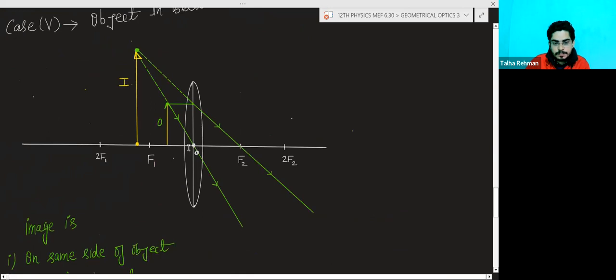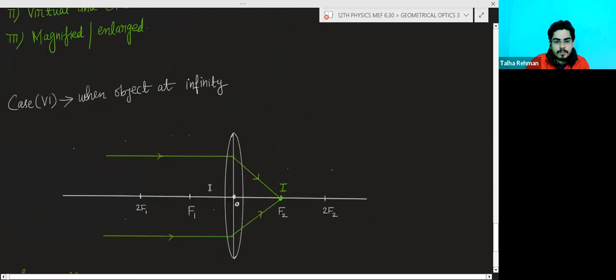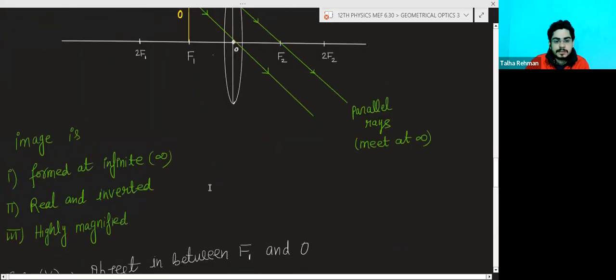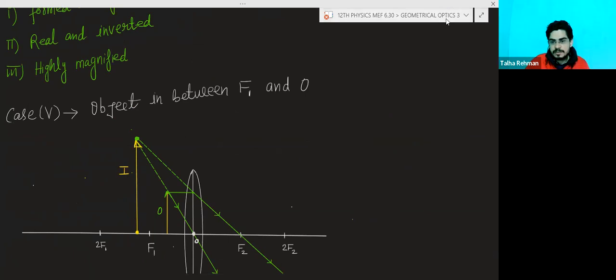Whenever the object is between the optical center and the focus, then you are getting a magnified and virtual image. Same is the case here.